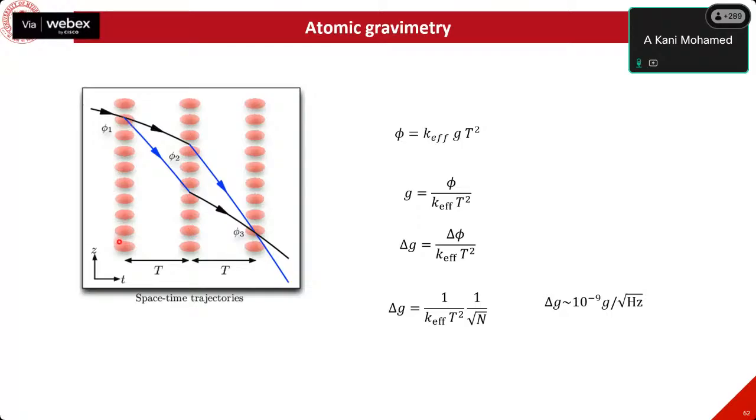So first we can use a pi by 2 pulse to split the atom into two. One is traveling as it is, another one is actually going to get a momentum from upward. The light is being sent from upward, so it is going to gain a momentum of plus h cross k. So it gets deflected in the downward direction.